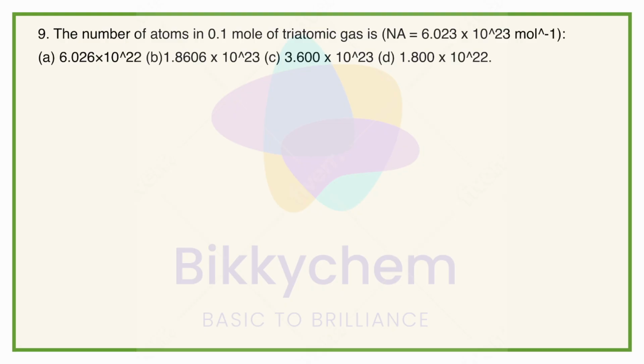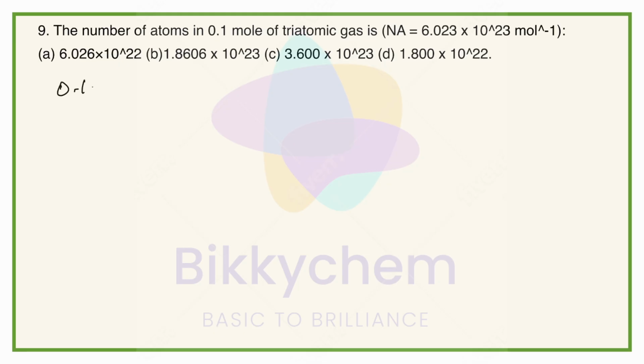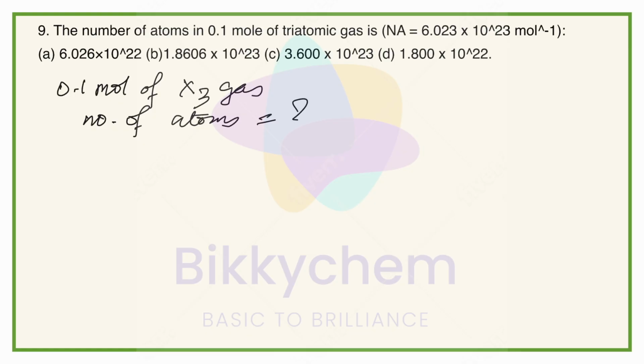Okay, in this question what we have to find out is the number of atoms in 0.1 mole of triatomic gas. So we need to find out 0.1 mole of H3 gas, let's say. So what will be the number of atoms?